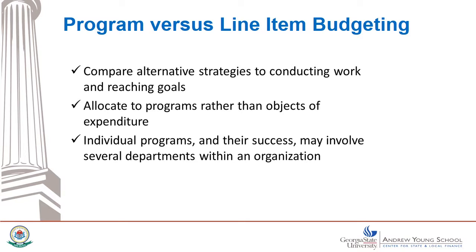Instead of the budget focusing on line item objects of expenditure, such as supplies or fuel, the budget is allocating resources by program. A complicating element of program budgeting is that individual programs and their success may involve several programs and departments within an organization.